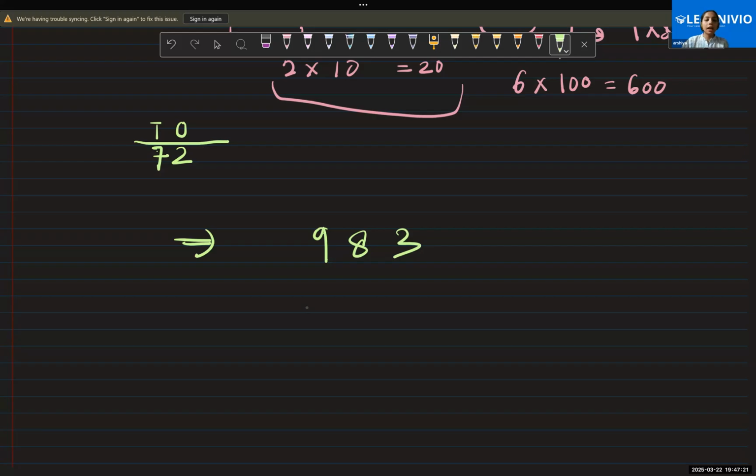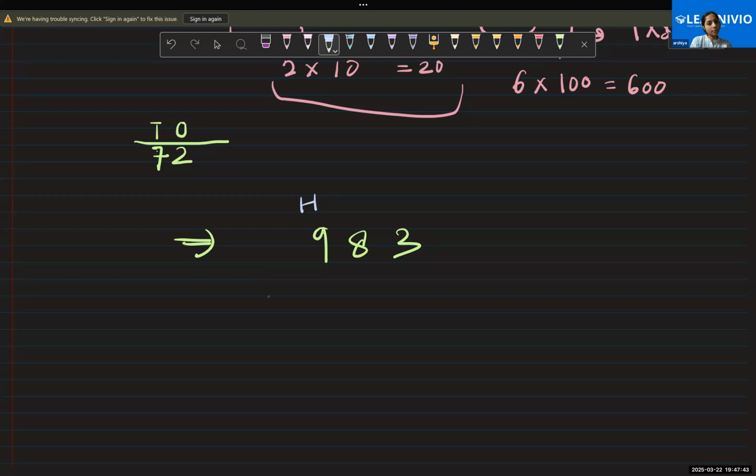Hundreds. Correct. And which number is in place of 100? 9. Correct. So what will I write above 9? H. Correct. What about the other two? What is their place value?